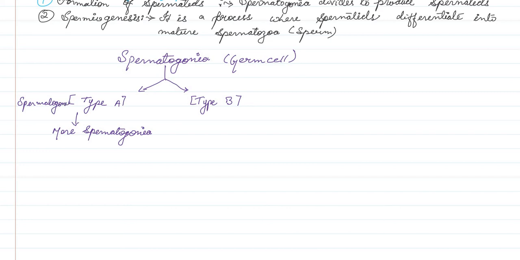This will produce more spermatogonia, acting as a stem cell. And type B is primary spermatocyte.